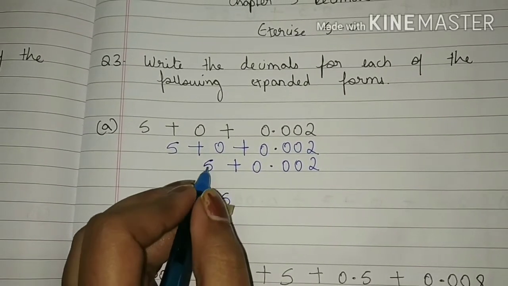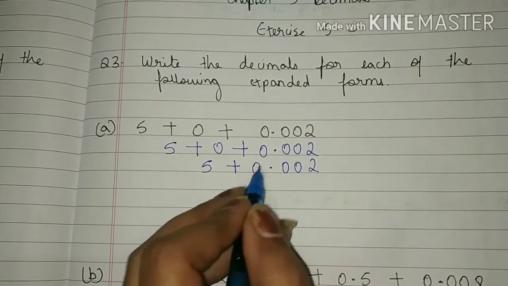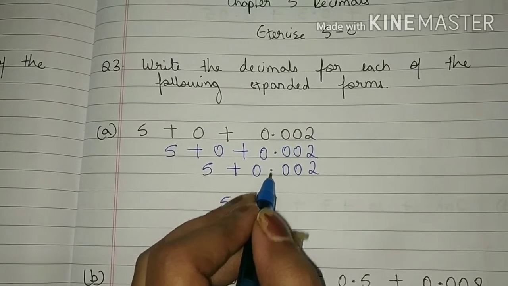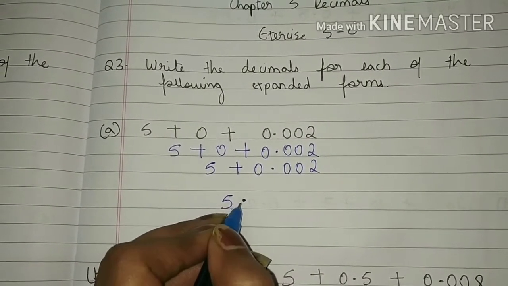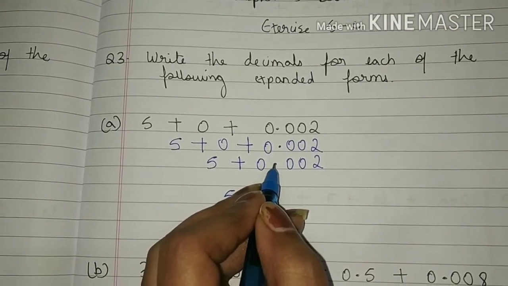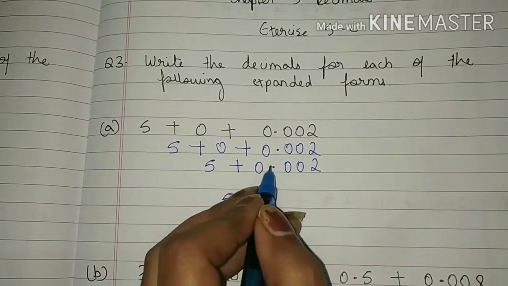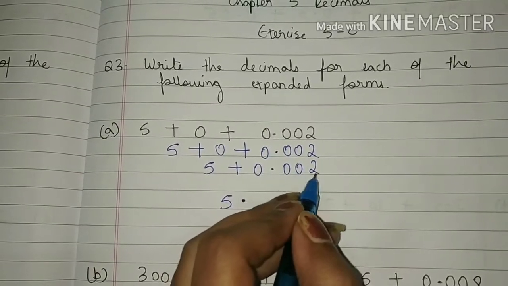5. Students, you will write here 5. Now students, you can see this number has a decimal point here. So we will put a decimal point here also. After a decimal point, 3 numbers are given to you: 1, 2, 3.